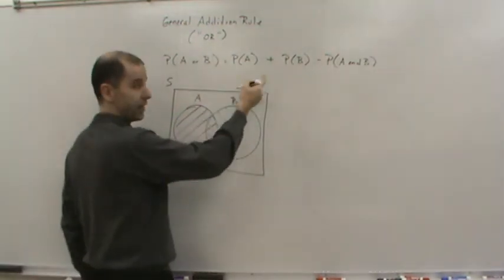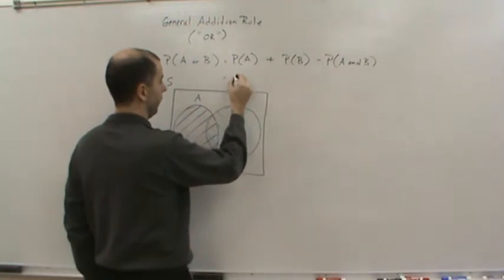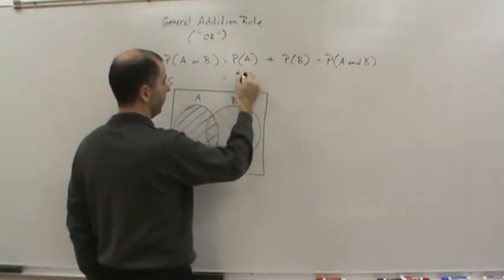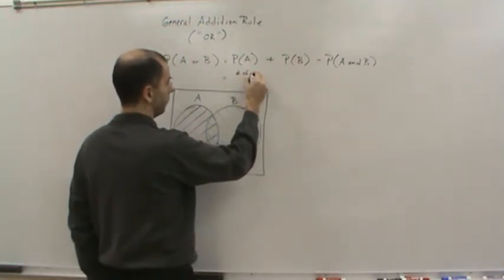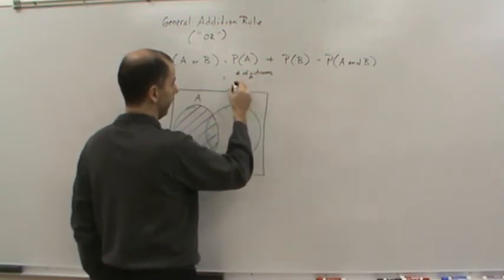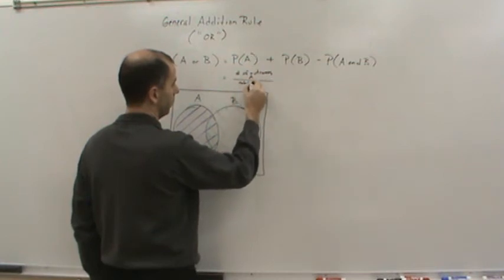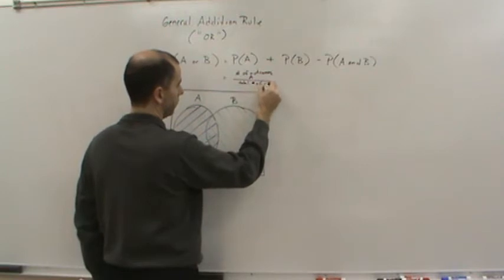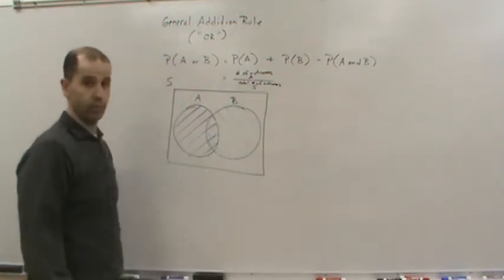Think about the definition of probability: it's the number of outcomes that give me A divided by the total number of outcomes in S.